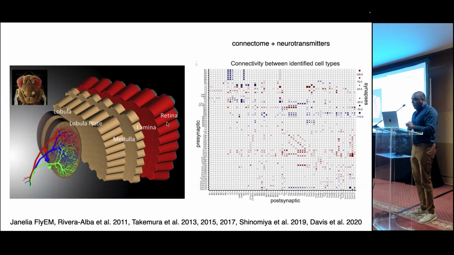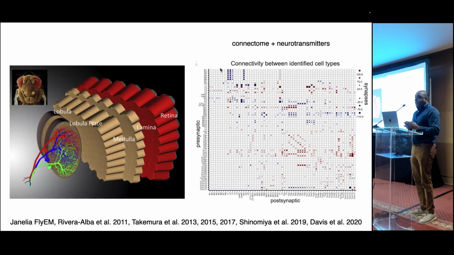So what we knew as of maybe 5 years ago, though our understanding has been dramatically transformed in the last year, was the connectivity for 64 cell types in this optic lobe. And so what you see here are the R's, the photoreceptors. All of these have names. We know a lot in the fruit fly, but don't worry about the names. So this is the connectivity between cell types for 64 cell types. We also know the signs of these synapses based on transcriptomic profiling.